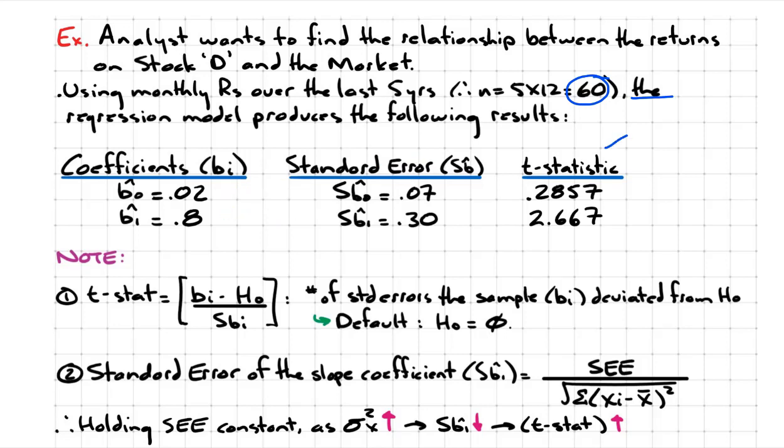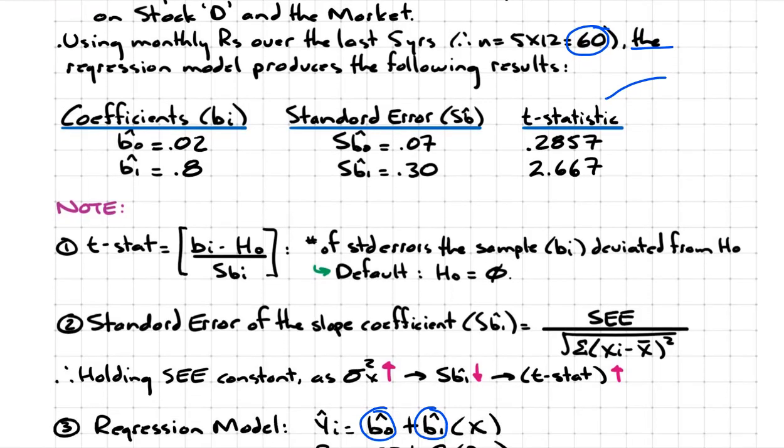Now this third column, which is referred to as T-Statistic or T-Stat, measures how far the value for B deviates from the hypothesized value when measured in units of standard errors. Basically what we want to know is how far is the B value from the hypothesized value. Now the default assumption for the hypothesized value is 0.